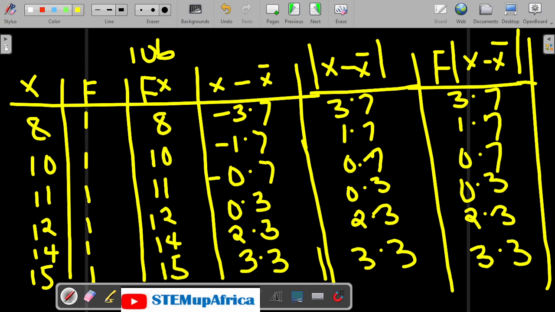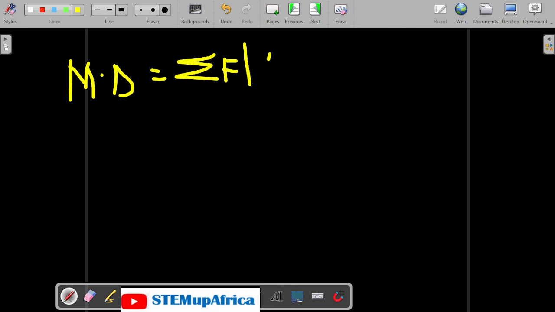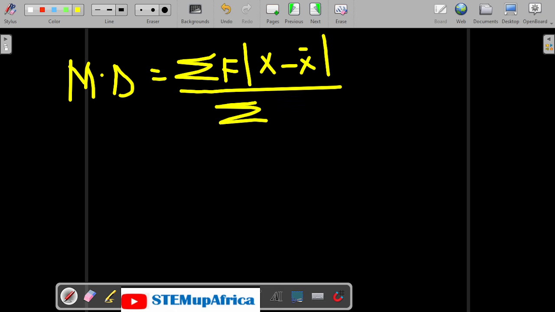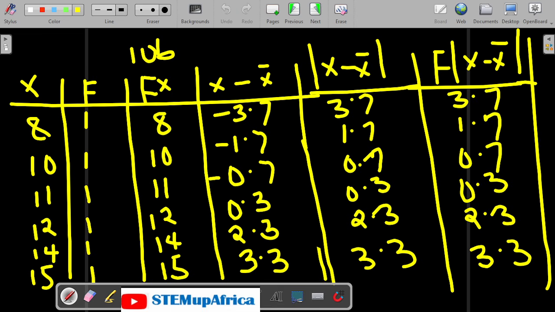With this, I can calculate my mean deviation. So MD, which stands for mean deviation, the formula is summation f of absolute x minus x bar over summation f. So let's sum the entire absolute x minus x bar together. I'm having 3.7 plus 1.7 plus 0.7 plus 0.3 plus 2.3 plus 3.3.